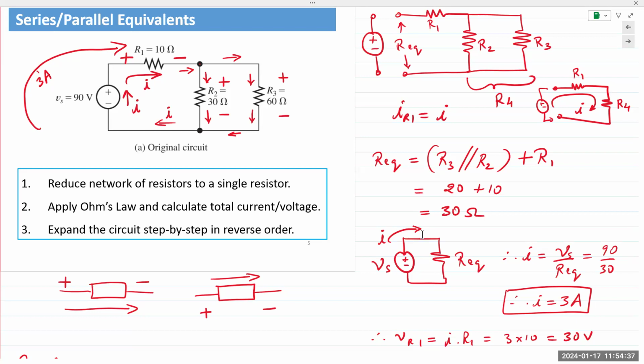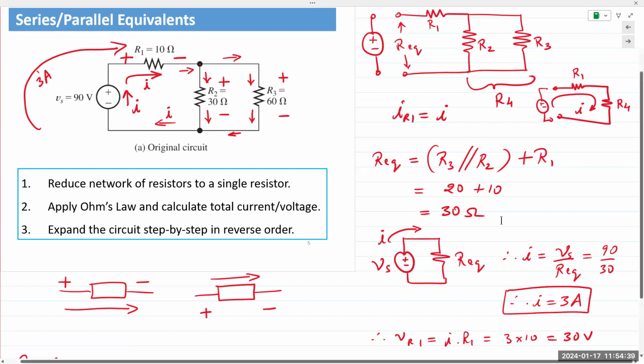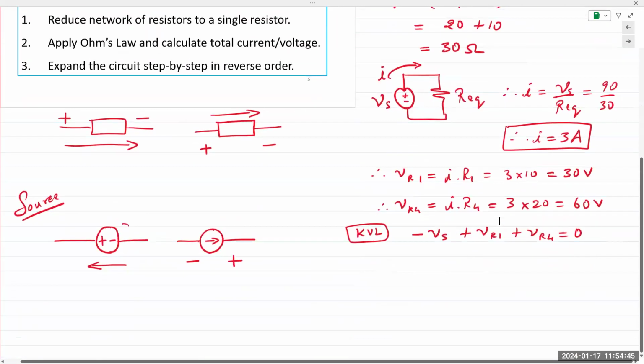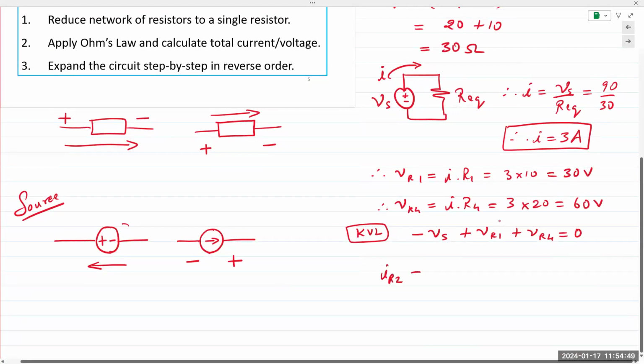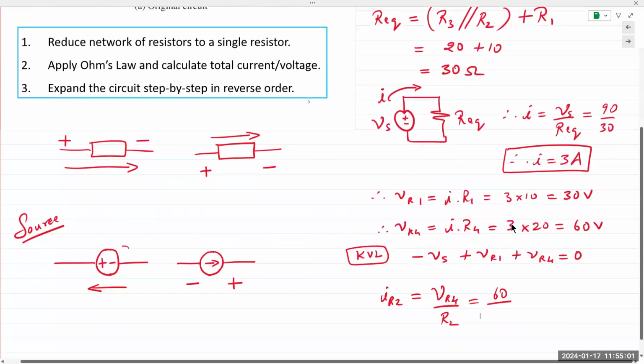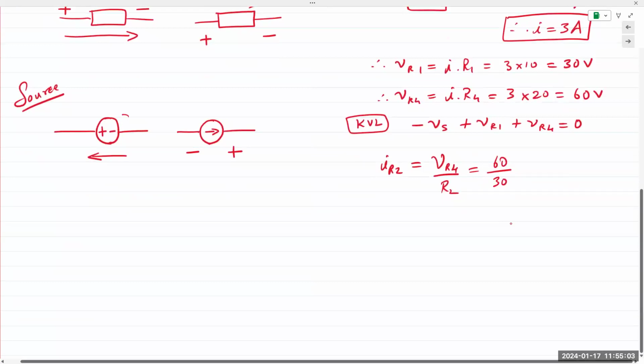Okay, and from this you can calculate IR1 and you can calculate IR2 and IR3. So apply Ohm's law again, and IR2 is VR4 divided by R2, which is 60 divided by, what is it, 30? 30. 2 amps.